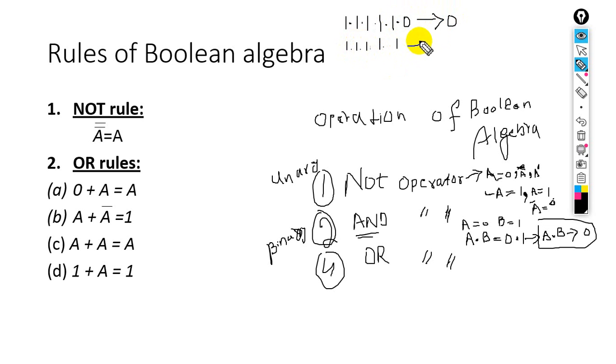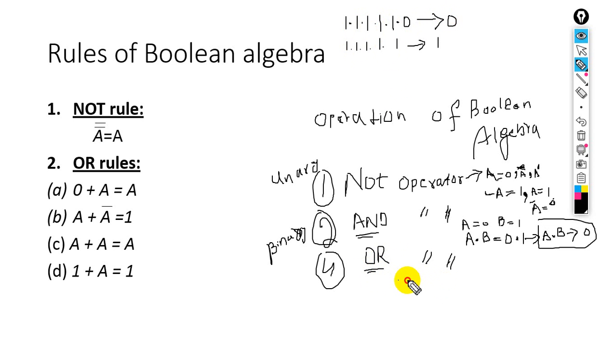If any value is 0, the result will be 0. Result will be 1 when all of the values are 1. So this is the AND operation.